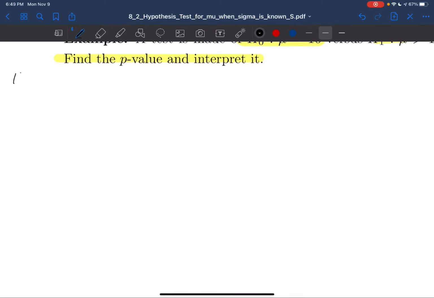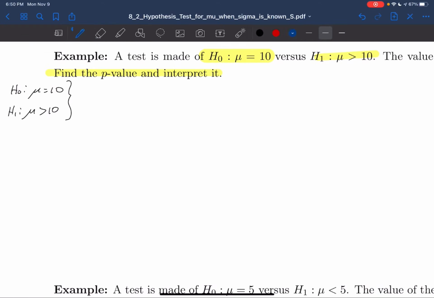Our null hypothesis is mu is equal to 10, and our alternative hypothesis, H1, is mu is greater than 10.